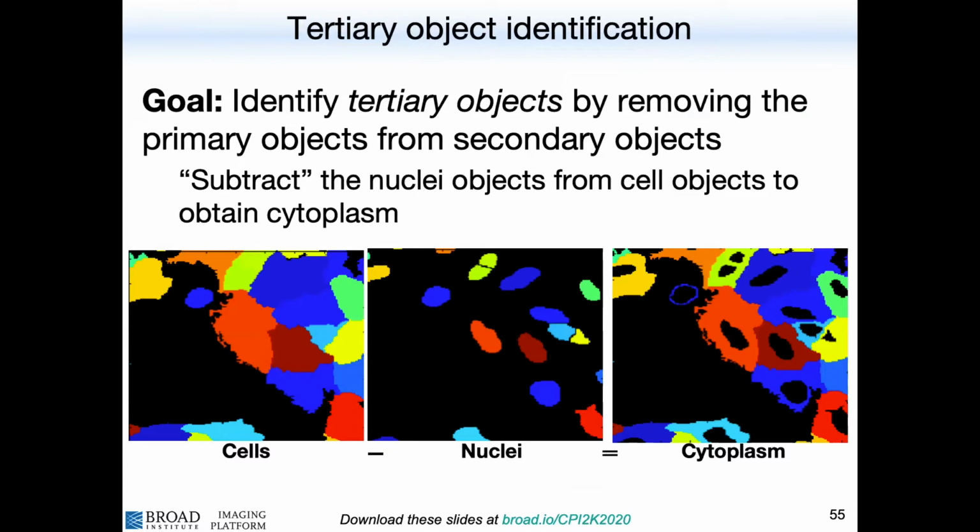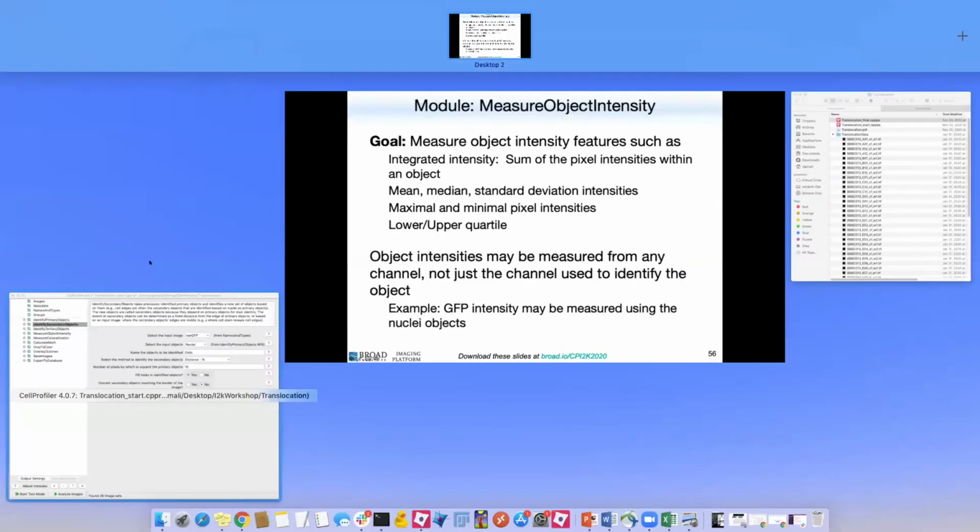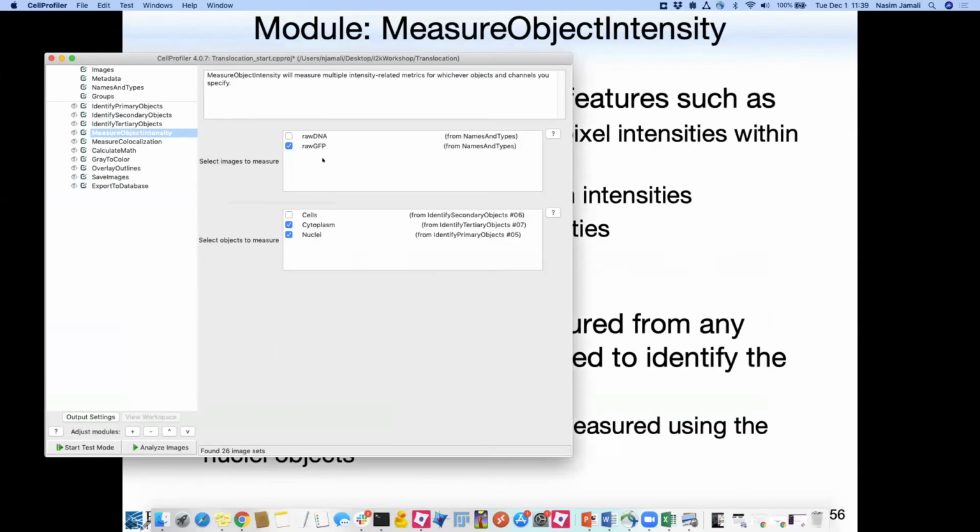And then the tertiary object is basically subtracting the nuclei from the cells, which leaves you with cytoplasm here. And for measurements, what you pick and choose depends on what you want to answer. Here we want object intensity, and we want to make sure that we have it for the GFP in both cytoplasm and nuclei, because we want to see the translocation and how it goes.